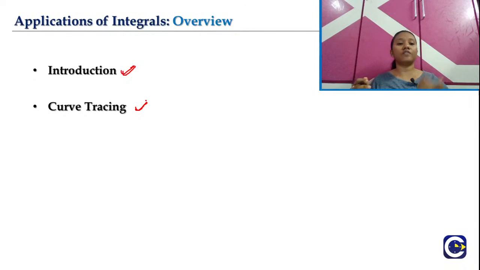If we want to find the area under the curve, first we should know which particular area is required, which means first we have to plot the curve. That's why we'll have curve tracing first. By looking at the graph of the curve, we can predict lots more information than from a simple expression of the curve.